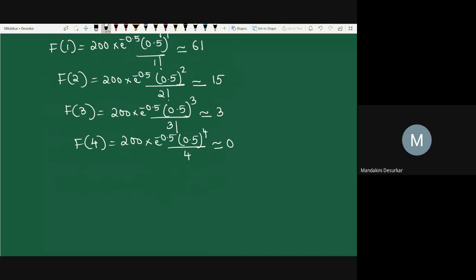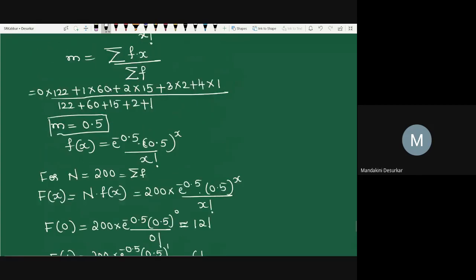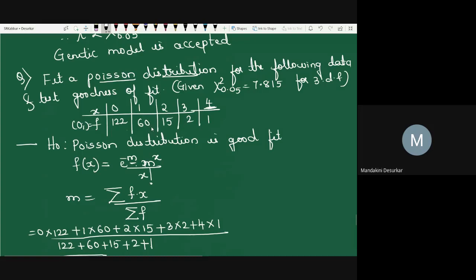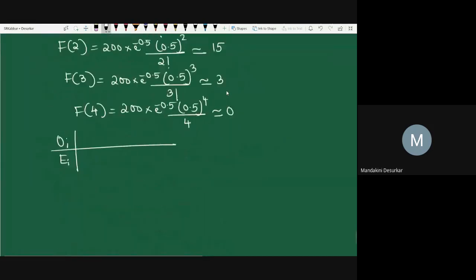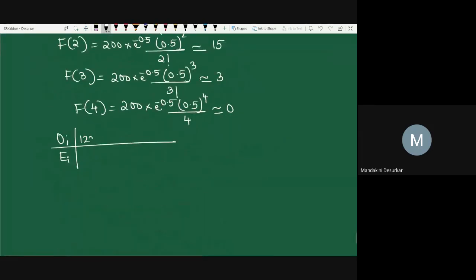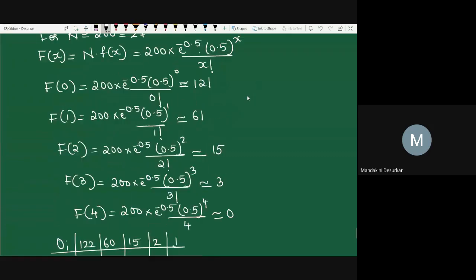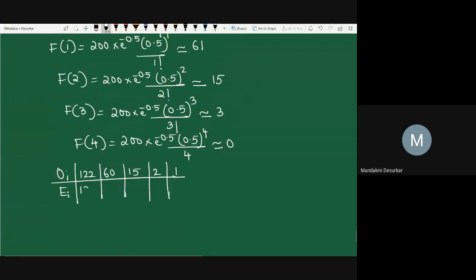Now what I do? Observed and the expected ones. Observed is the one which is given: 122, 60, 15, 2, and 1. Now what did I get for this? It is 121, 61, 15, 3, and 0. Now here for the last two columns the frequency is less than 5.